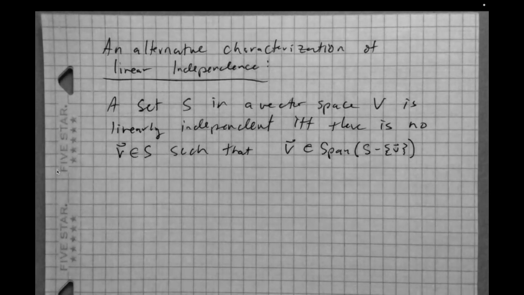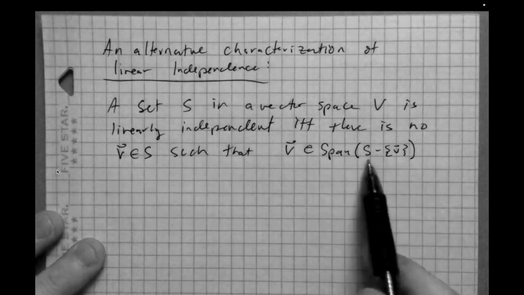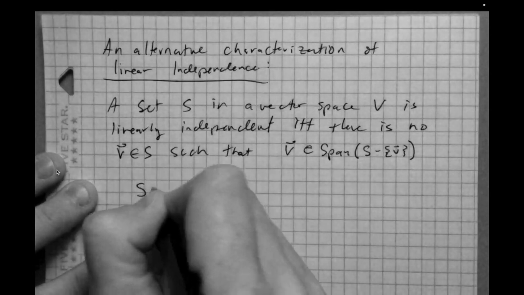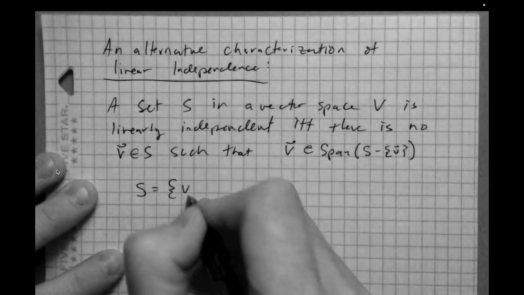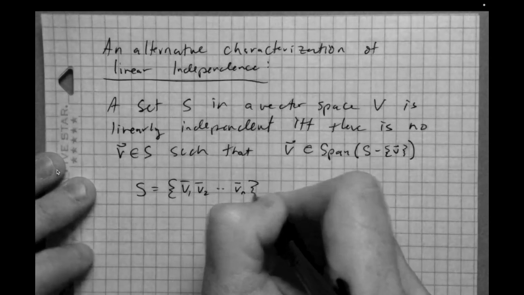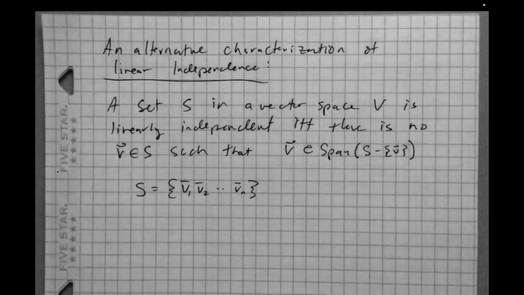First of all, what is this notation here? What the heck is span of S minus V? Well, you think of S as maybe the set of vectors V1, V2 through Vn. So it's a set of vectors.